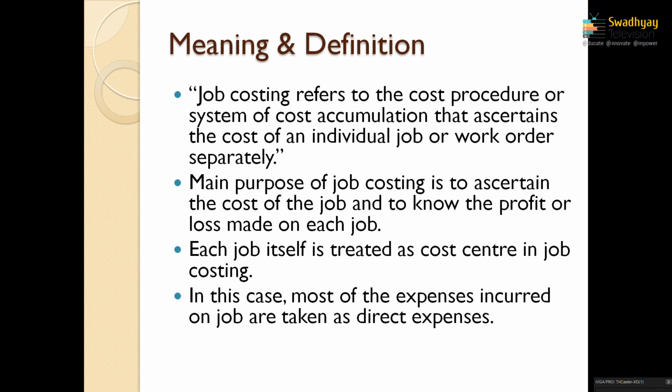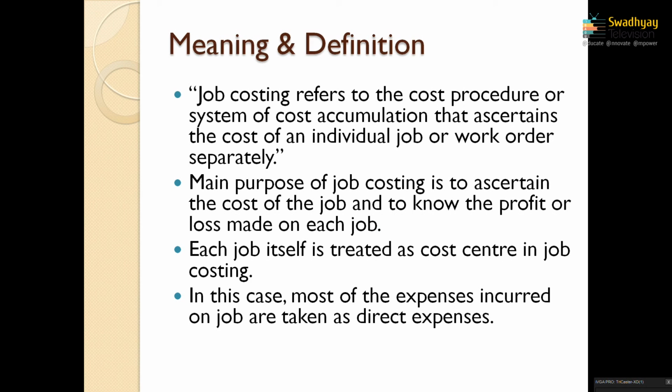So, on the basis of their requirements and situations, the cost work and the job work has to be identified. Now, the main purpose of job work is to identify the job cost, what amount of cost has been incurred on the particular job, to determine the profit or loss of each job.